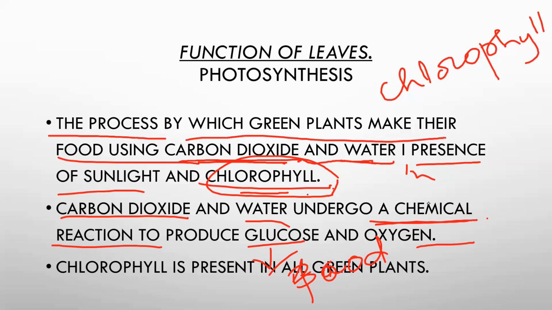We know that plants take in carbon dioxide and then give out oxygen. During photosynthesis, carbon dioxide will be absorbed, and together with water, a reaction will occur in the presence of sunlight, and then they will produce glucose and oxygen.